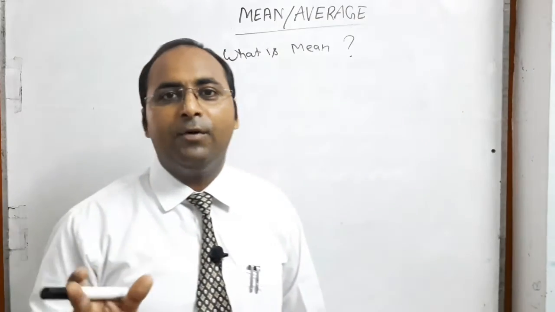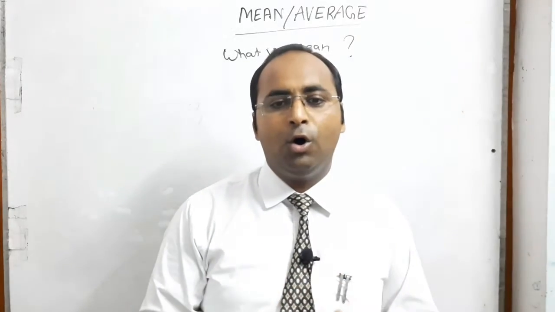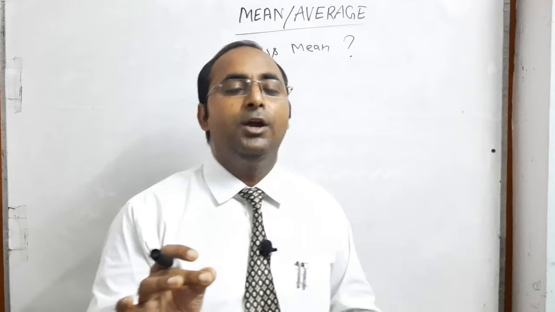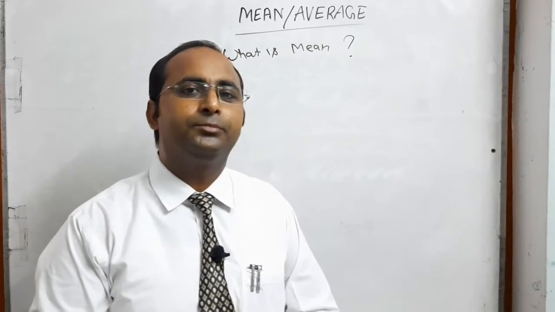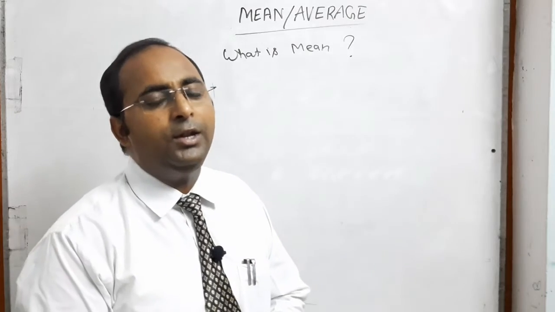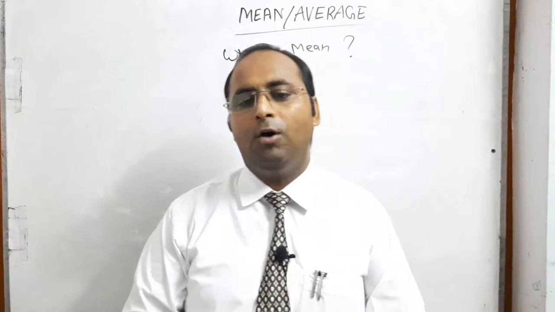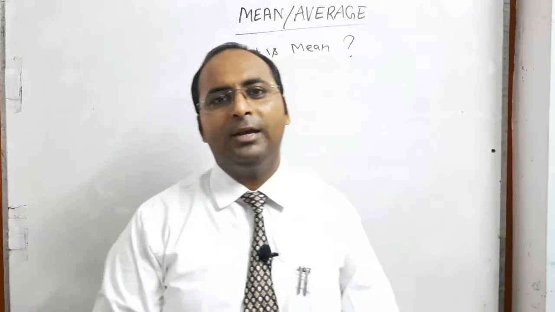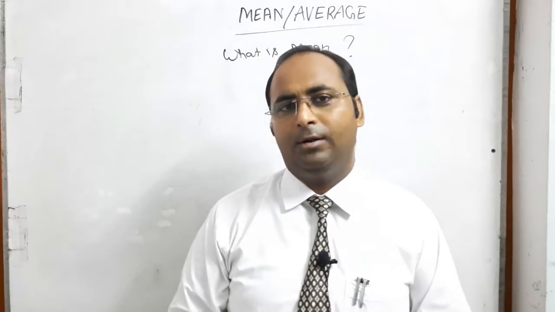We can define it easily as the sum of all items. It means that the given variables divided by their number is called mean. In other words, the mean is the sum of separate scores or measures divided by their number.